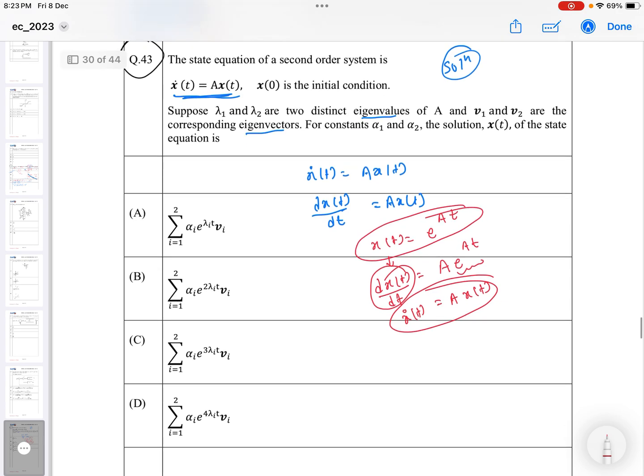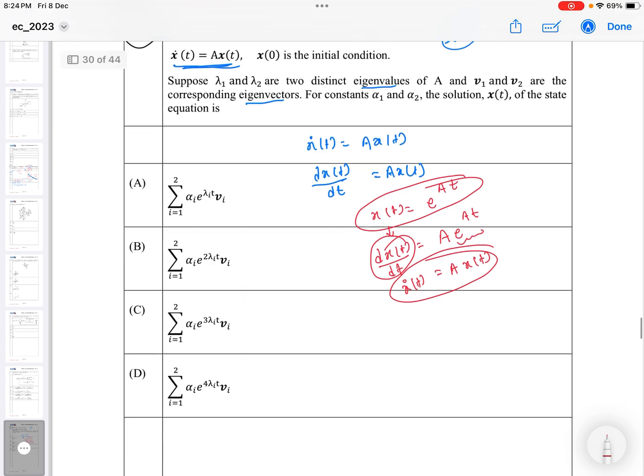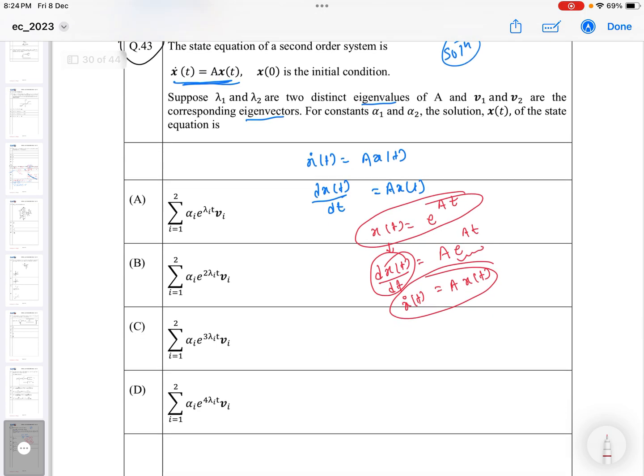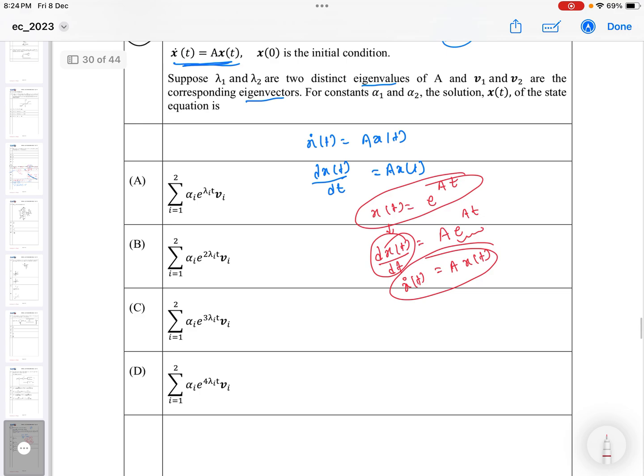So what we have to find is simply to write the solution in terms of eigenvalue and eigenvector. This is the standard problem, and the solution for this differential equation is as follows. We have been given that the constants are alpha 1 and alpha 2, the eigenvalues are lambda 1 and lambda 2, and the corresponding eigenvectors are v1 and v2.